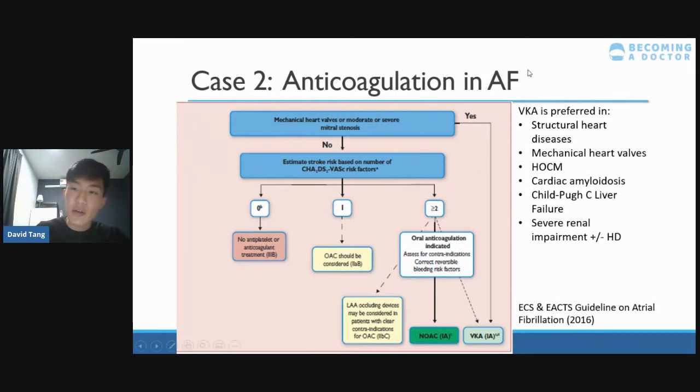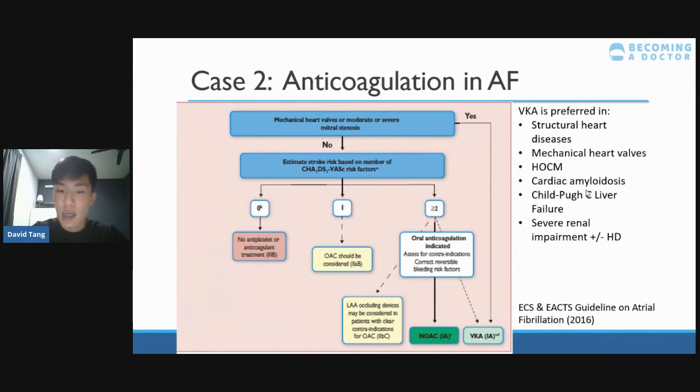And in terms of warfarin anticoagulation, it still has a role to play, whereby we tend to use it in structural heart diseases, those with valves, and the following impairments as well. Why, you might ask, is that warfarin is tried and tested, and it goes as old as digoxin and traditional medicine.